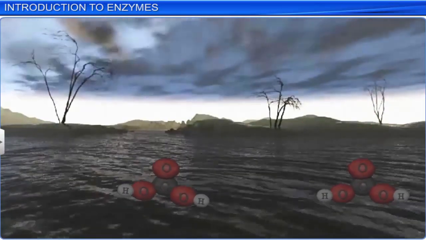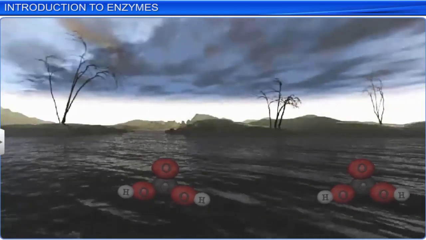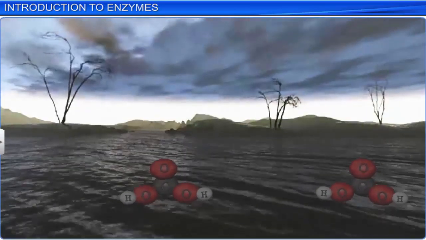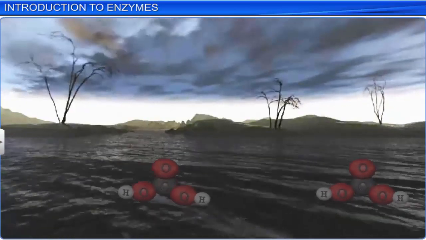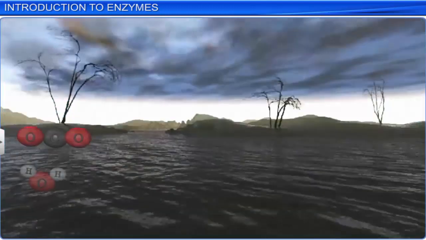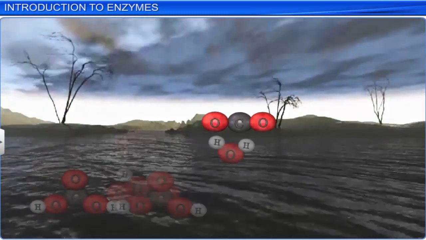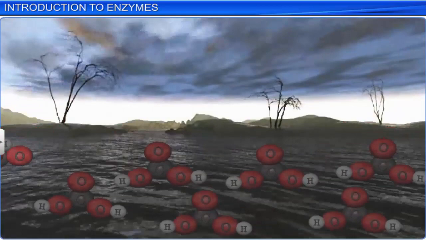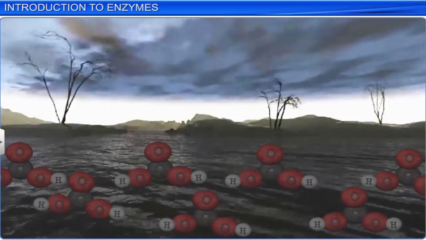In the absence of any enzyme, 200 molecules of carbonic acid are formed in an hour. However, when the enzyme carbonic anhydrase is used, 600,000 molecules of carbonic acid are formed every second. Hence, the carbonic anhydrase enzyme accelerates the reaction 10 million times.